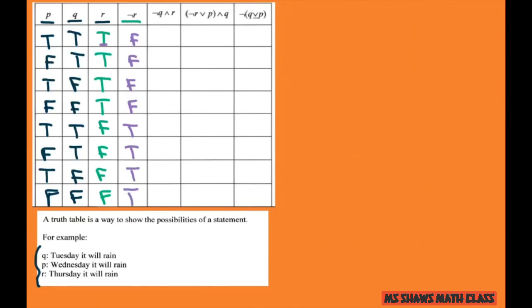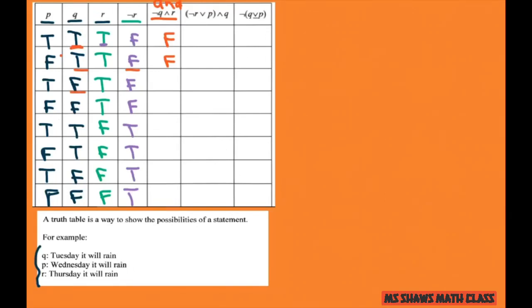Now we go back to the previous things we did and look at it. If we're looking at not Q and R, not Q is F, so it's going to be F and T. F and T is going to be false, because that's based off our conjunction. And F and F, remember on the conjunction, they both have to be true.